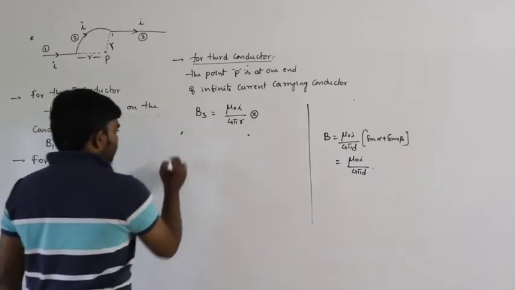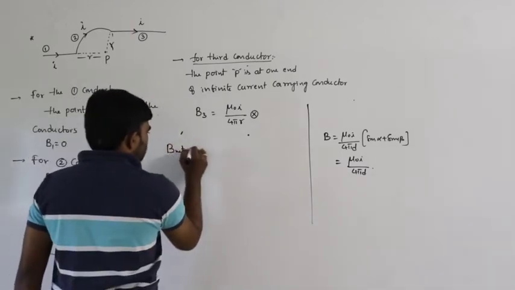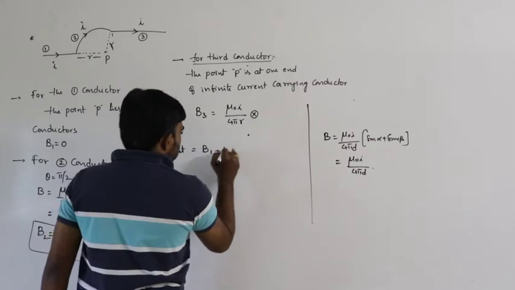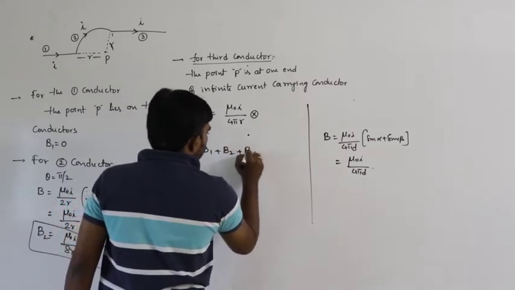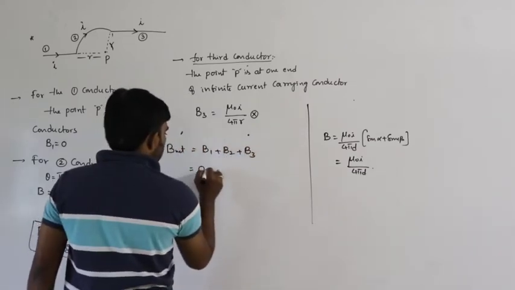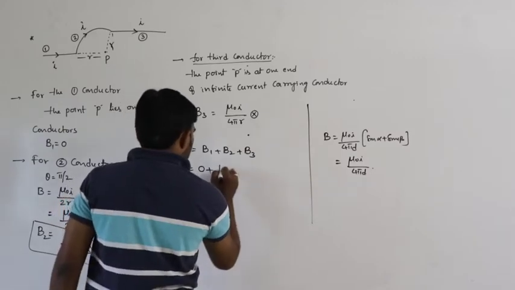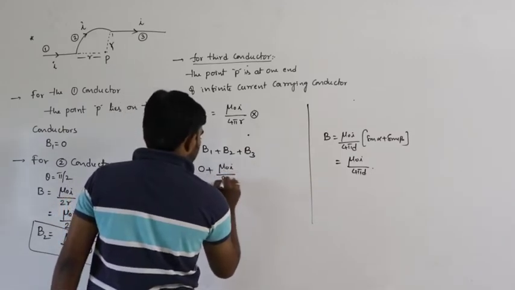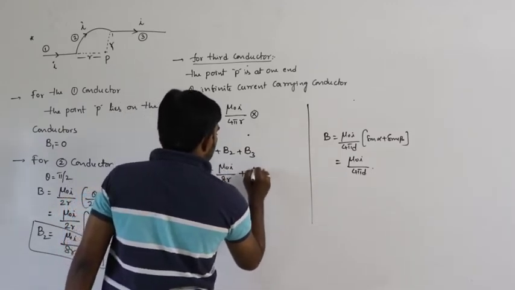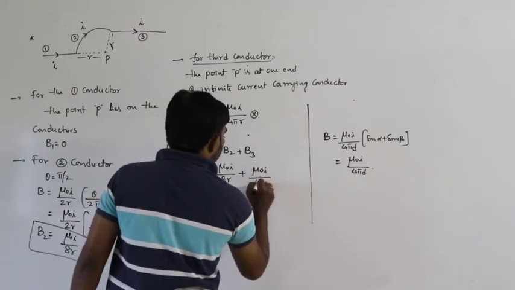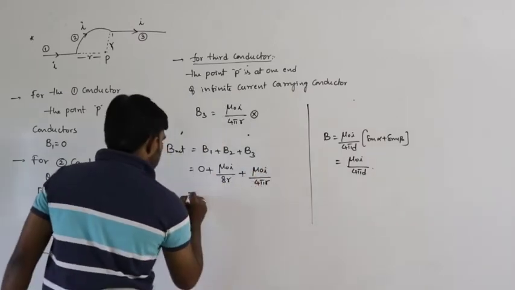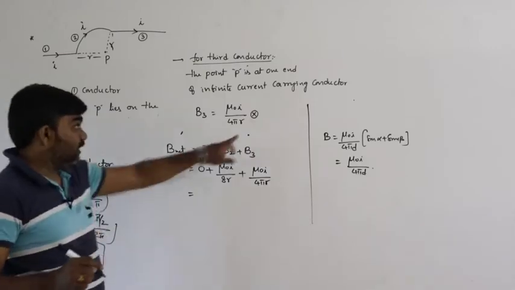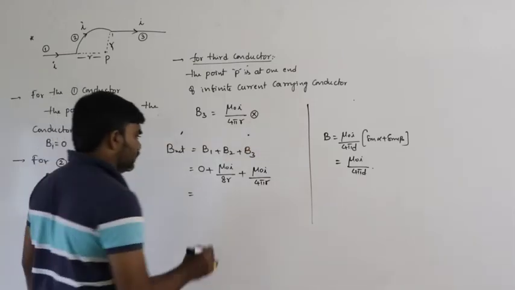So what is the net magnetic field due to this one? B net is equal to B1 plus B2 plus B3. B1 is 0, B2 is mu naught I by 8r, and B3 is mu naught I by 4 pi r. Both are acting inwards.